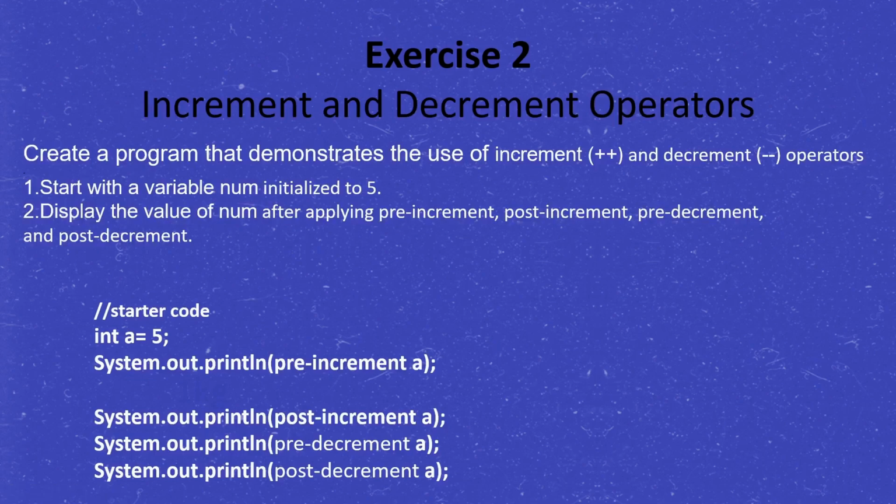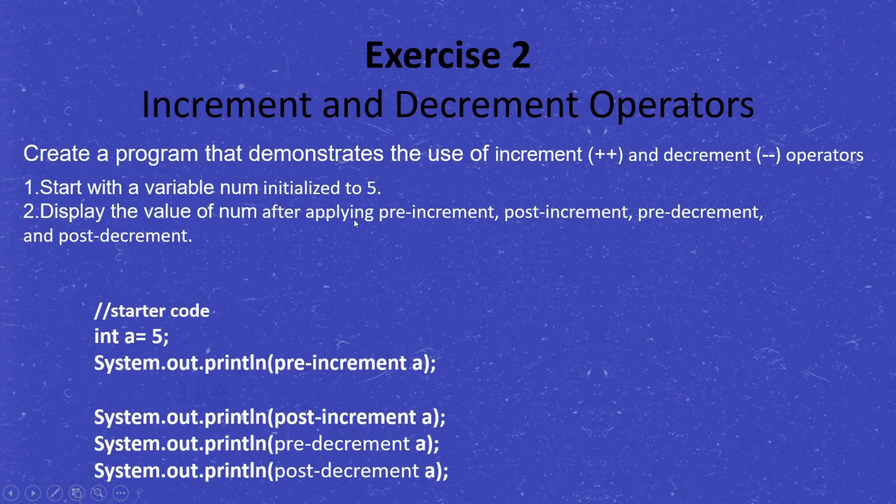The next exercise is based on increment and decrement operator. You will have to create a program which will demonstrate the use of increment plus plus or decrement minus minus operators. So you will start with a variable, say a, which will be initialized to 5. So starter code, you have that int a equal to 5.